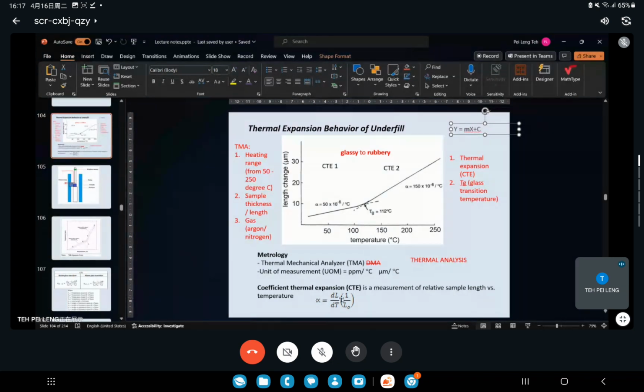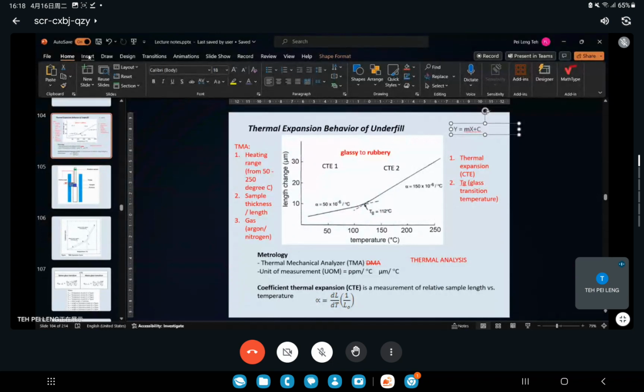So dL per dT is what? What is dL dT? How do you get this? Is it the gradient?